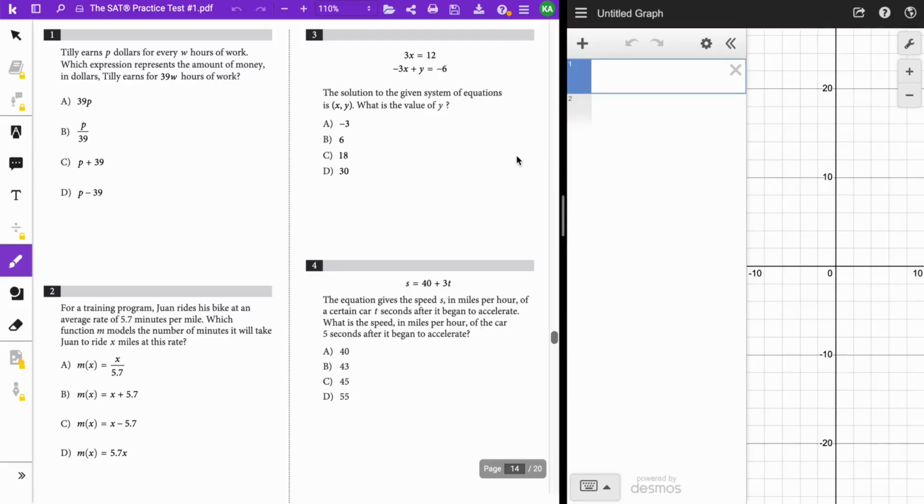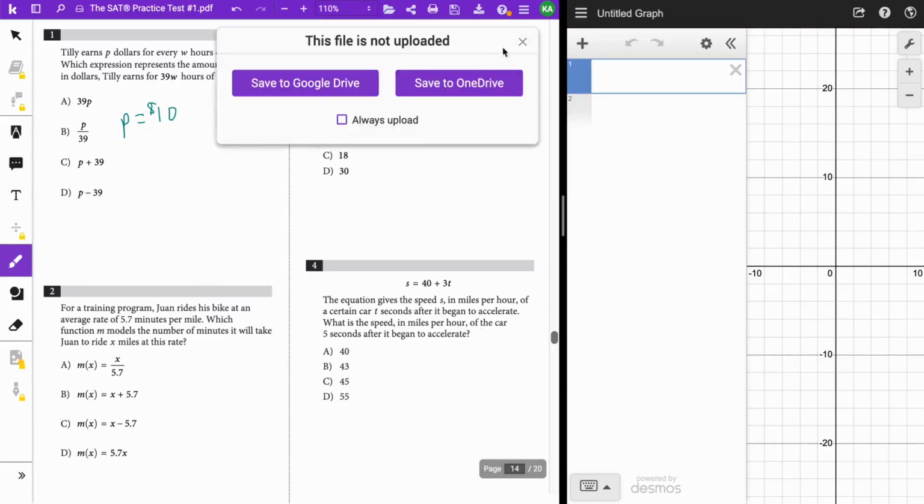The first one: Tilly earns P dollars for every W hours of work. Which expression represents the amount of money in dollars that Tilly earns for 39 W hours of work? This one's a little tricky for a first one, confusing with all the letters. Let's say P is 10 bucks for every hour. If W is 1 hour, that's $10.